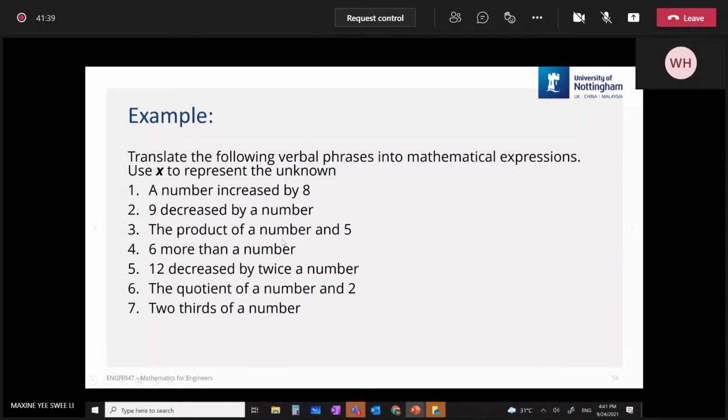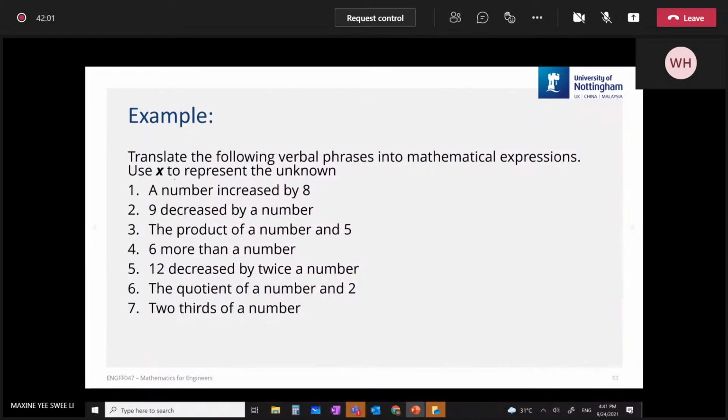All right, so we have a few examples here, very simple examples. Translate the following verbal phrases into mathematical expressions, and you can use the symbol x to represent the unknown. I'll go through all of this. Question 1: a number increased by 8.